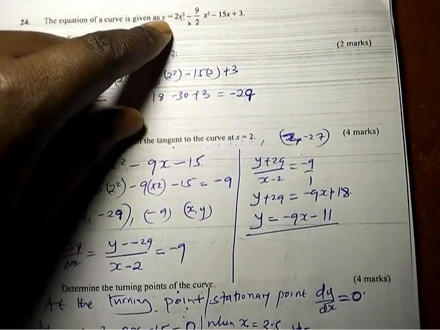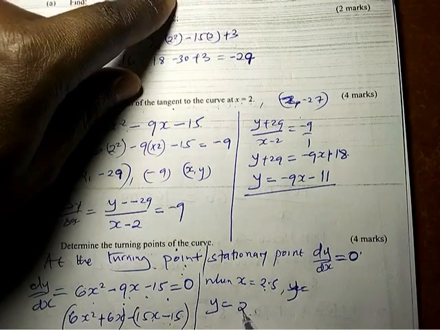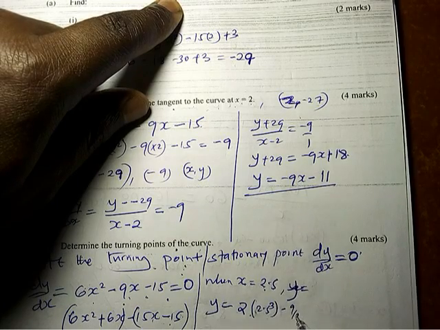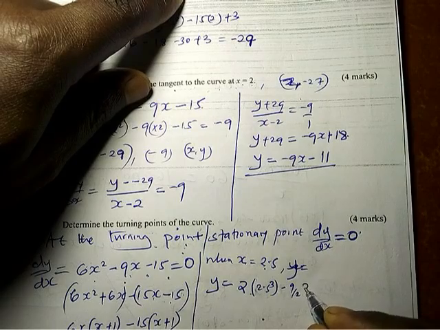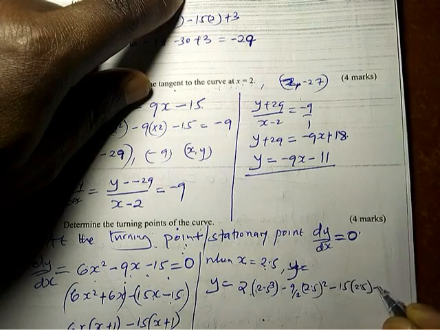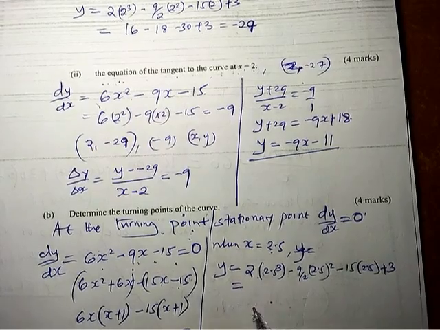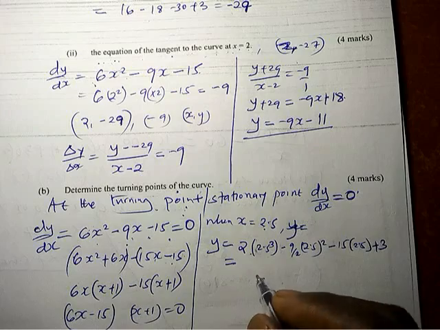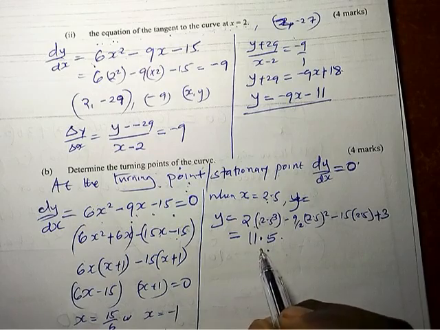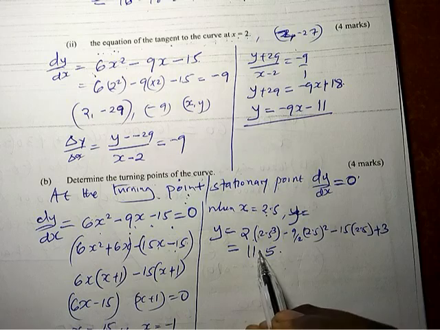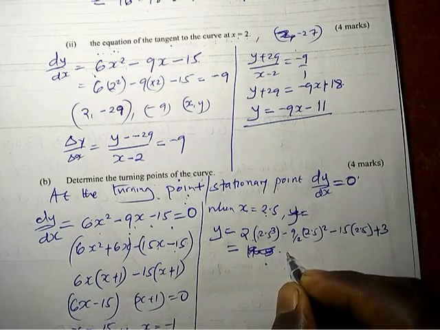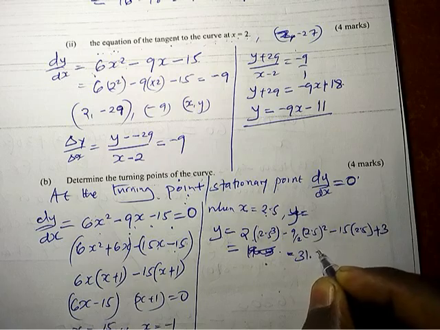So y will be equal to, when x is this, you substitute here, 2 into 2.5 cubed minus 9 over 2 times 2.5 squared minus 15 into 2.5 plus 3. So y will finally give us negative 31.375.